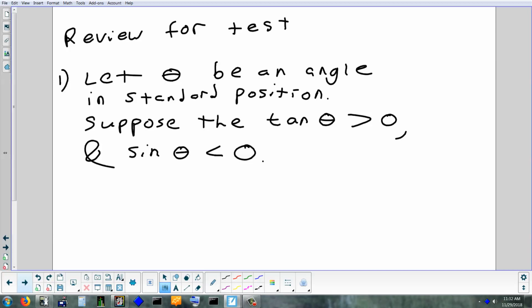So the tangent of the angle comes out positive, but the sine comes out negative.